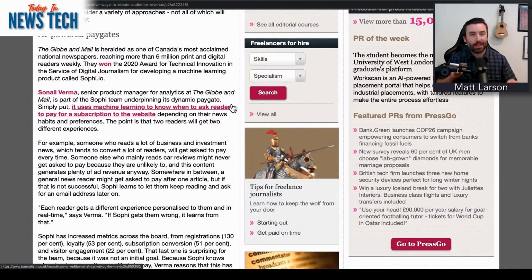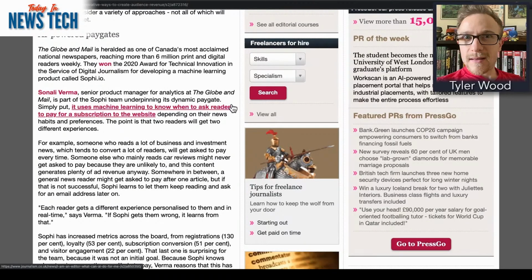But I just found it interesting. They're dynamically setting articles for free. So they've got maybe a metered paywall. But then on top of that, they're setting articles completely for free because they're saying the AI is telling us that this is more likely to make more money from ad revenue. Just if we can open it up, this is more likely to be a high volume article. Is that what they're doing? More or less, yeah.